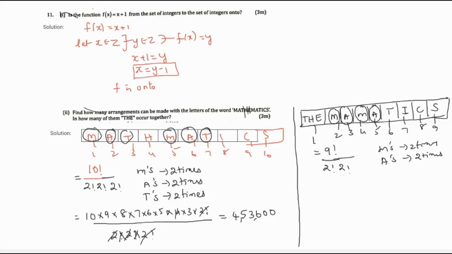Then we don't have a t, one t is gone, so it will be 9 factorial, 9 into 8 into 7 into 6 into 5 into 4 into 3 into 2 divided by 2 factorial into 2. So here factorials get cancelled, 2 ones are 2, twos are 2. When you multiply all these numbers, you get 362880.